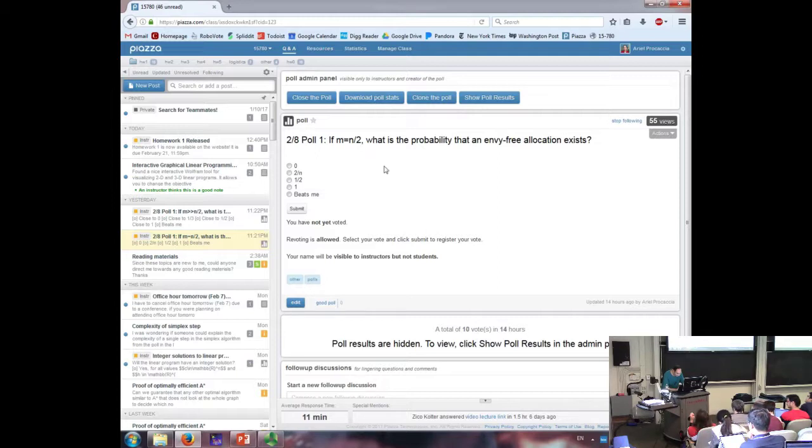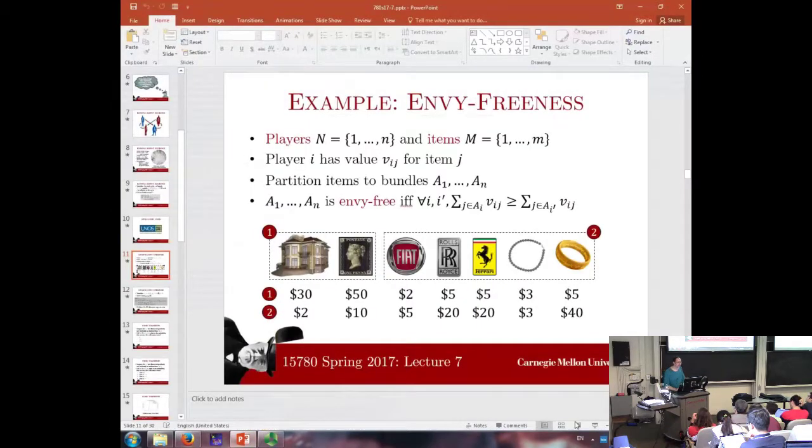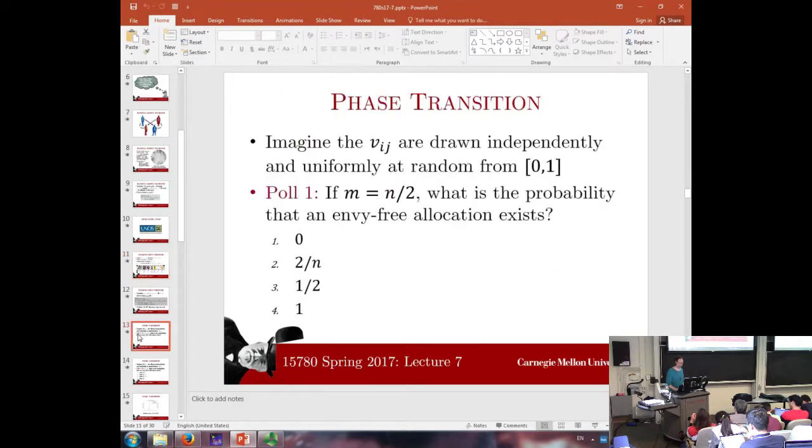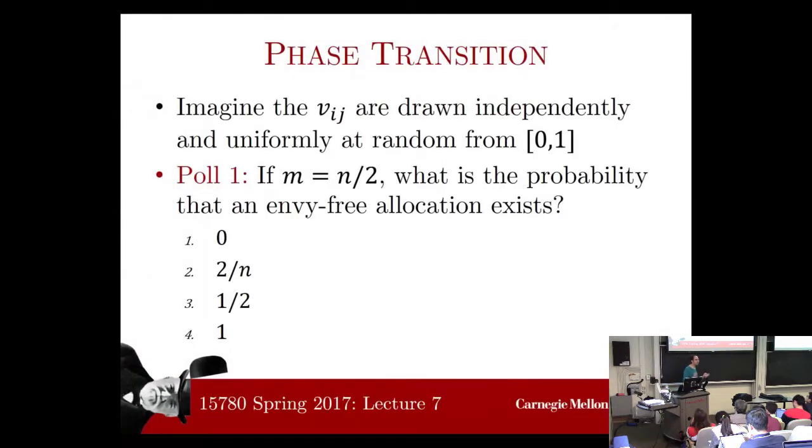Mine looks fine on my phone. Can you try refreshing it? Is it the same thing for the other poll? Yeah, it's the same for the other one too. Okay, so we'll ignore the distribution of answers.